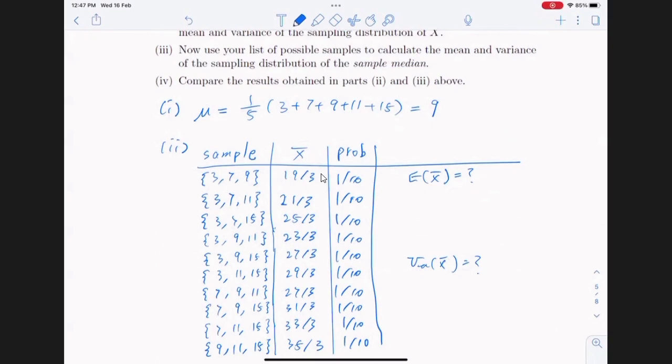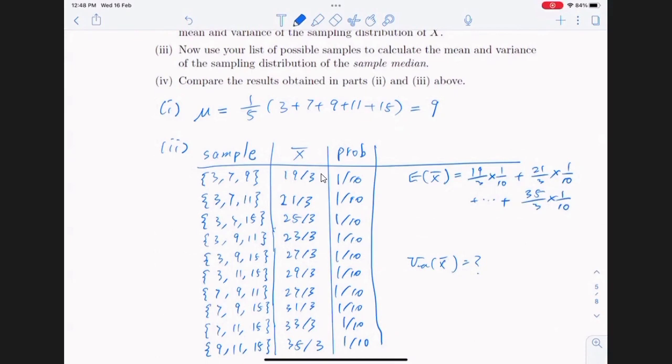To find the expectation of the sample mean for this example is to multiply each possible value by its probability. Multiply this to this, multiply this to this, and so on. We add all these 10 products together. So this is a tedious calculation.